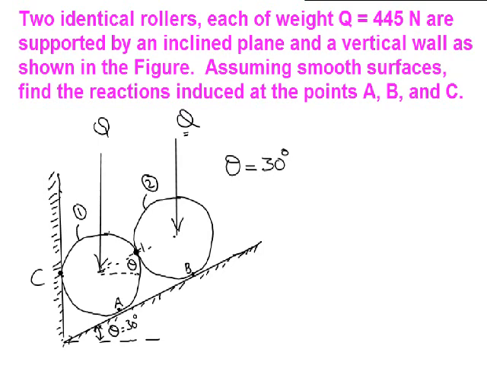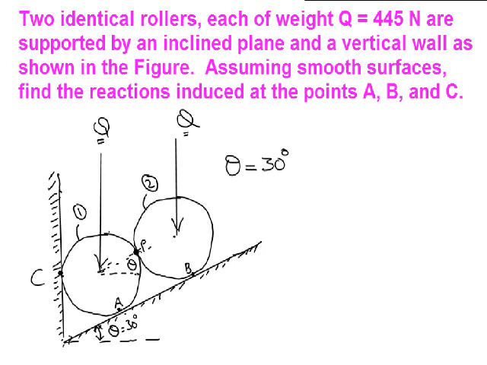Let us name it, let us say, point P. So at C, A, P it is touching, so it has 3 forces, and the fourth one is this Q. So for roller 2 we can use Lami's theorem, and for roller 1 we'll use the method of components.